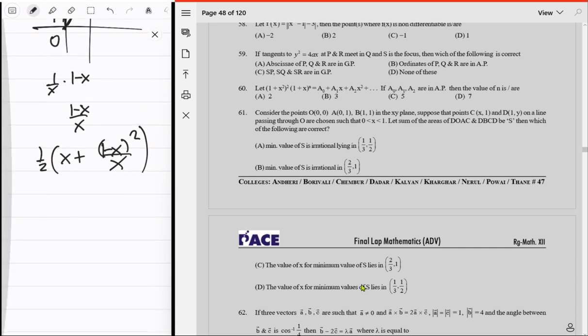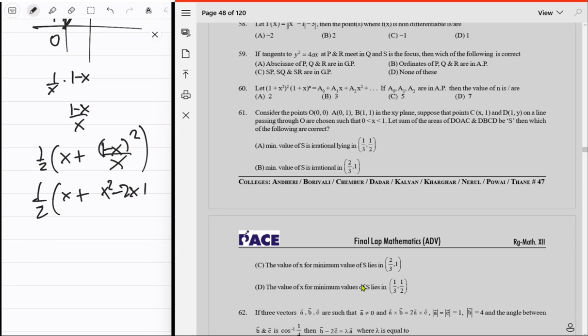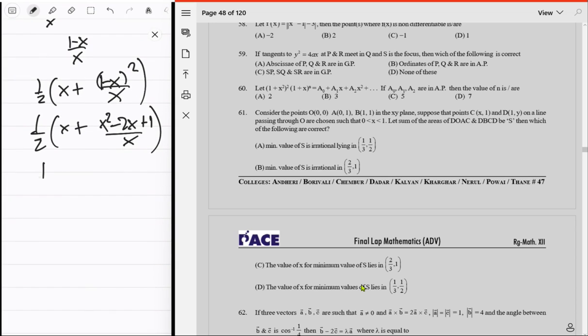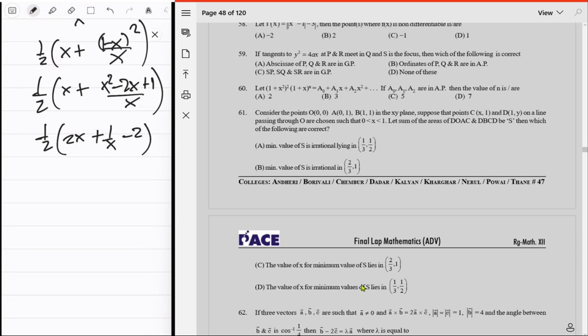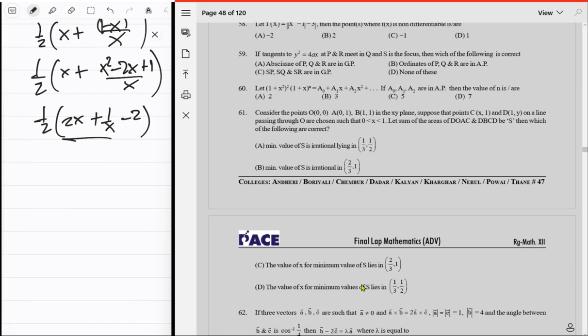So let's write out half x plus x square minus 2x plus 1 upon x, which happens to be just half, and then just 2x aa jayega, then minus 2, and then plus 1 upon x minus 2. X is just something like between 0 and 1, right? And you just want to minimize this thing.